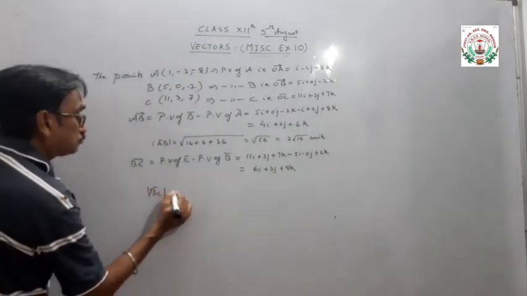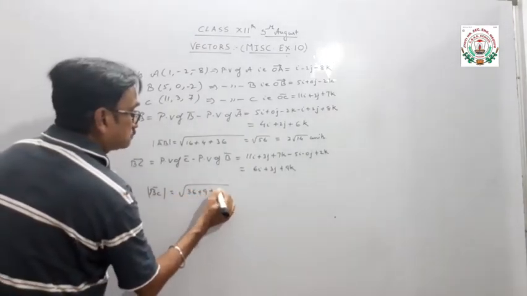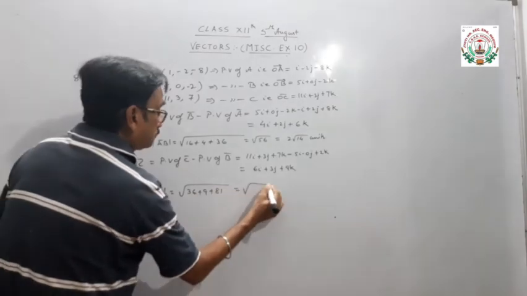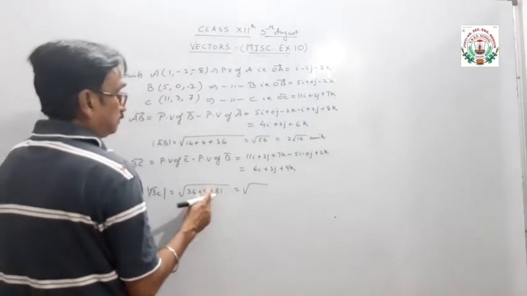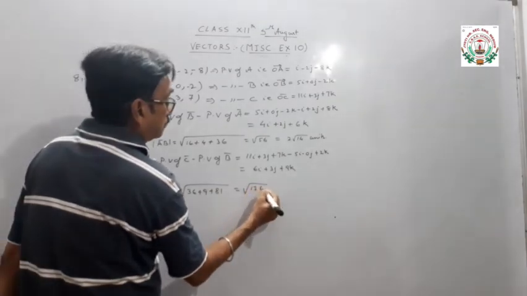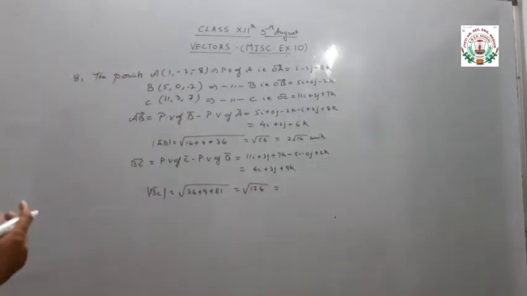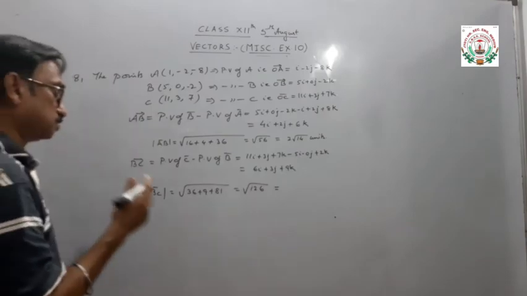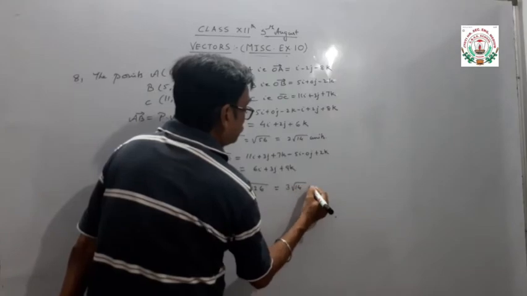Its magnitude is 36 plus 9 plus 81, which is 126. 126 can be written as 14 times 9, that is 3 under root 14 units.